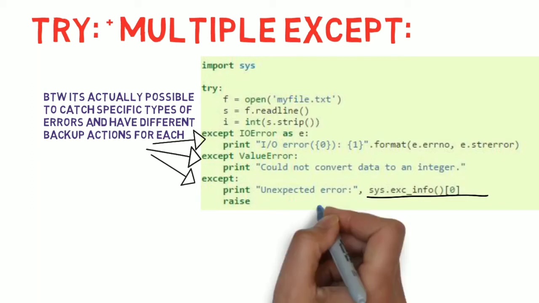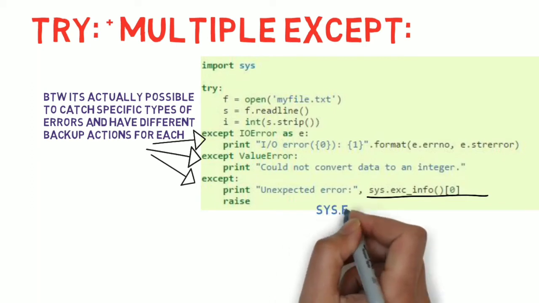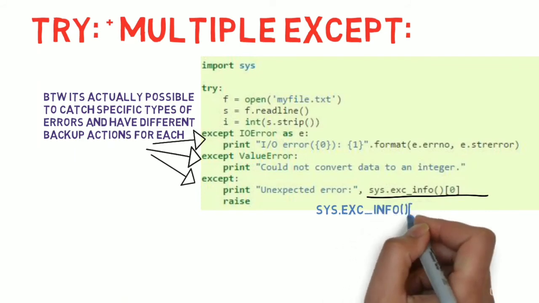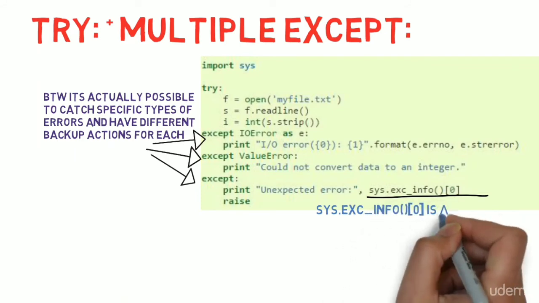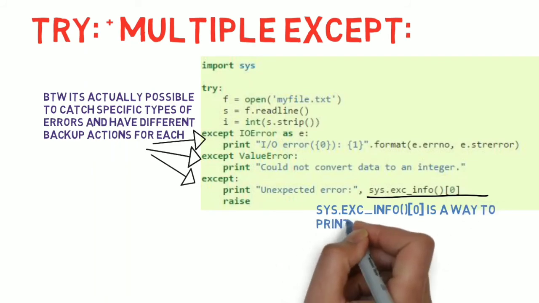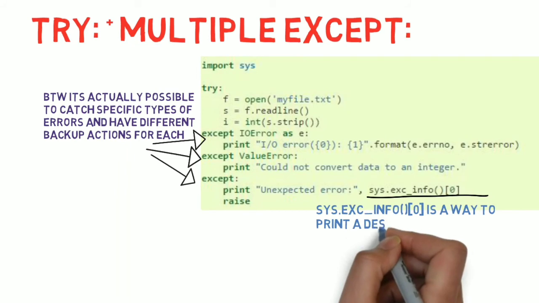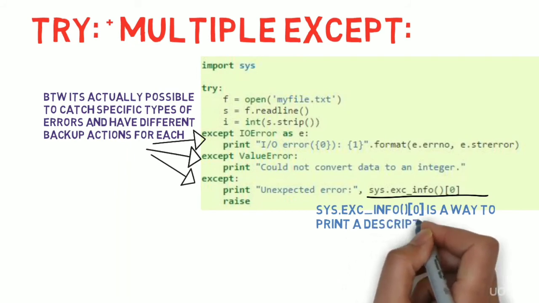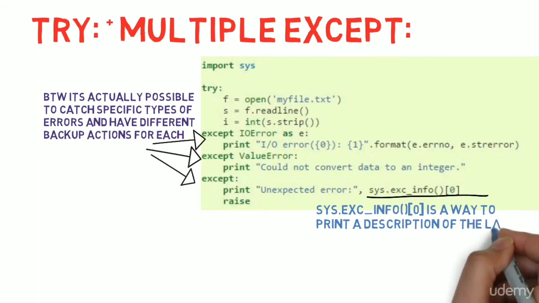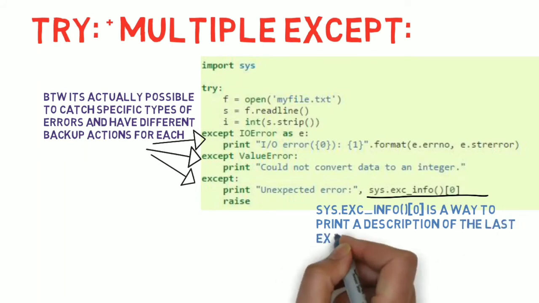sys.exc_info is a function that allows us to print a description of the last exception that was thrown by the program. So sys.exc_info will tell us what the error actually was.